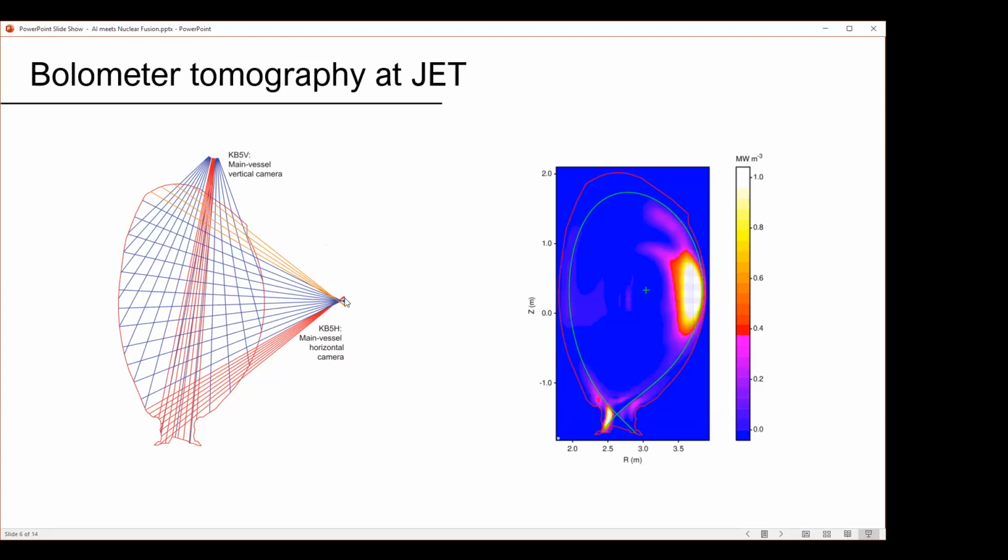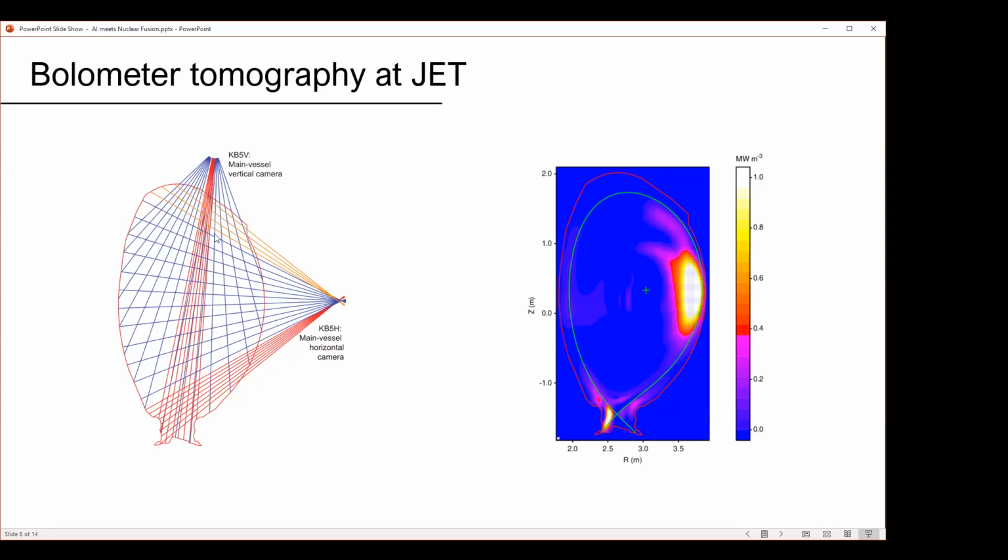So it has, let's say, a mainly horizontal view. The technical term is a camera, but actually it's a camera with just 24 pixels. So it's not much of a camera by our current standards, but you can imagine that there is an array of sensors here that measures the radiation by the plasma along these lines of sight.